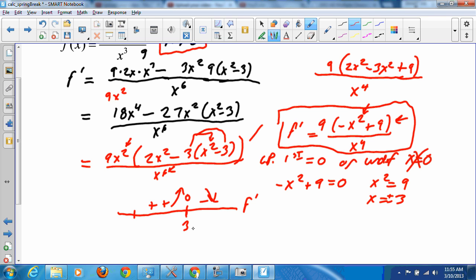So what can we say? We have a relative max. And the justification is we have a relative max because the first derivative changes sign from positive to negative at x equals 3.